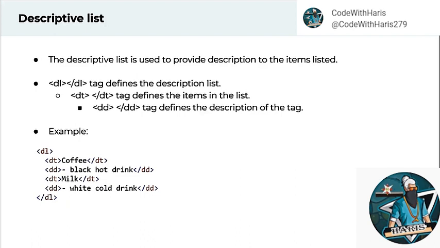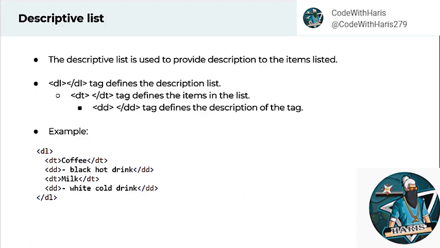So guys, always remember, for a descriptive list you are going to start with the DL tag. Then you are going to use DT, in which you can specify the items of your list. And if you want to provide a definition or some description of those items in the list, you can use the DD tag.